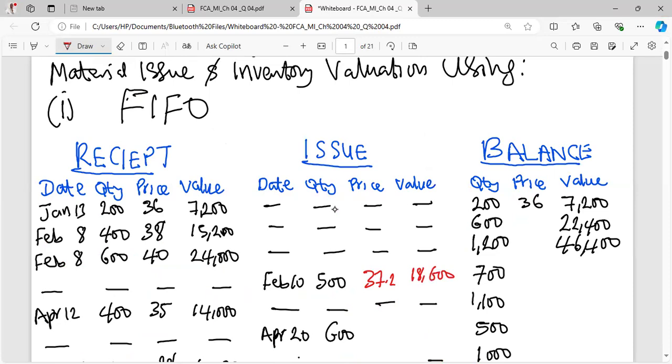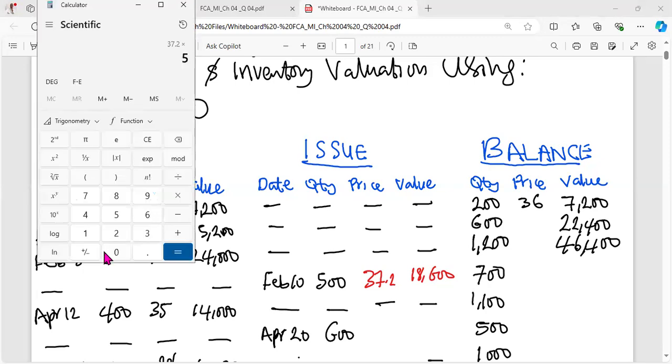Now I will need to remove it from 46,400.